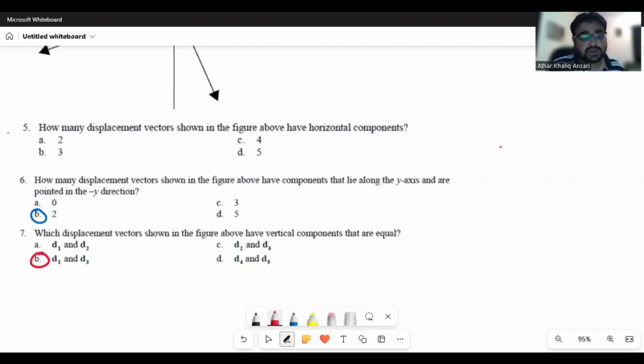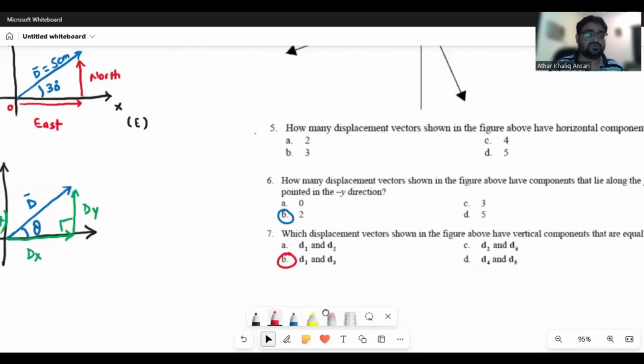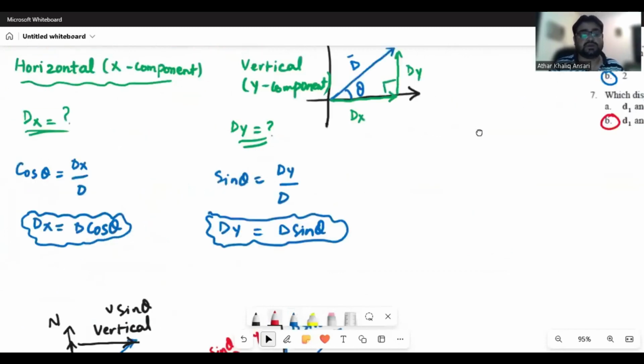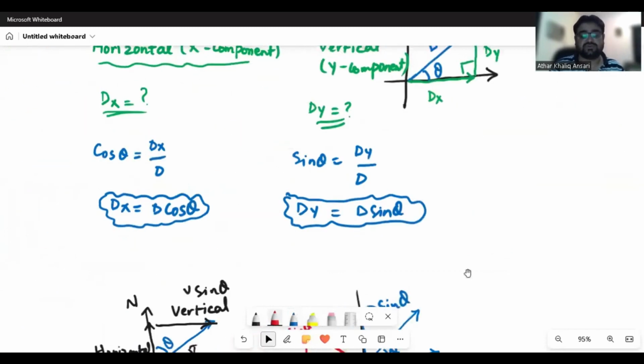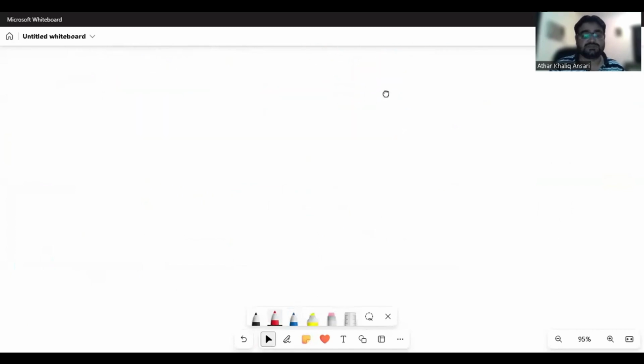Okay, so until now, we came to know that every vector has two components. So let us try to find the value of the components of a given vector. For example, say there is a velocity vector, for example, a car.